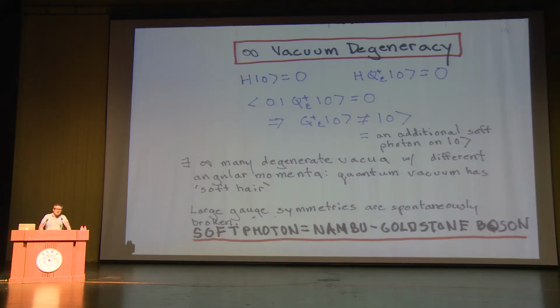So we can describe this by saying that the vacuum in gauge and gravitational theories has soft hair. That is, it has distinguishing features associated with soft particles, zero energy particles. You can add a zero energy particle to the vacuum and you get a new physically inequivalent state.